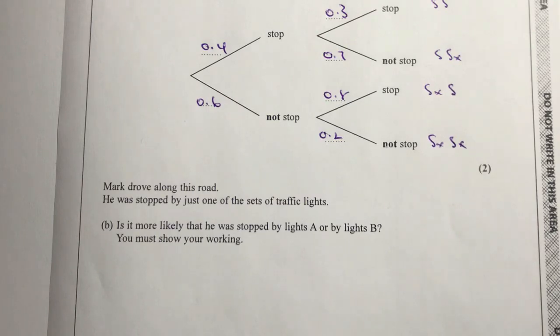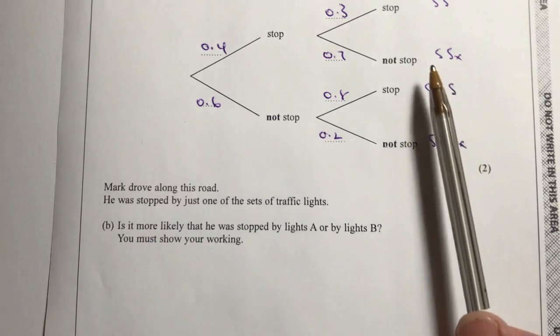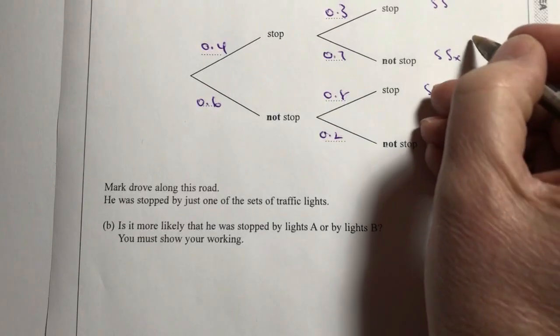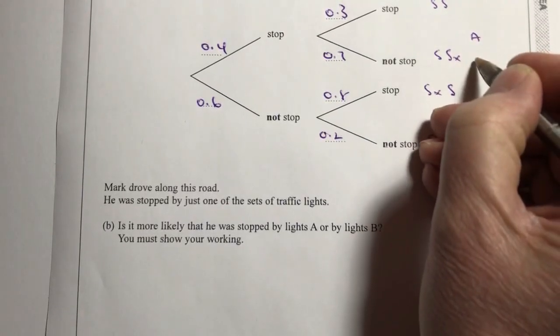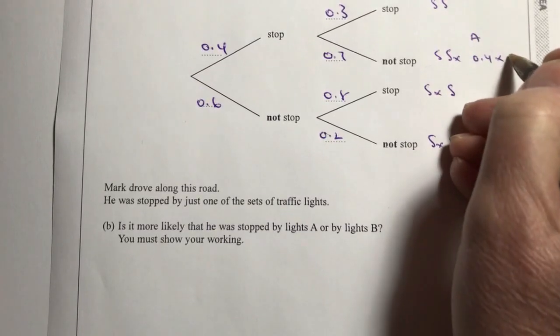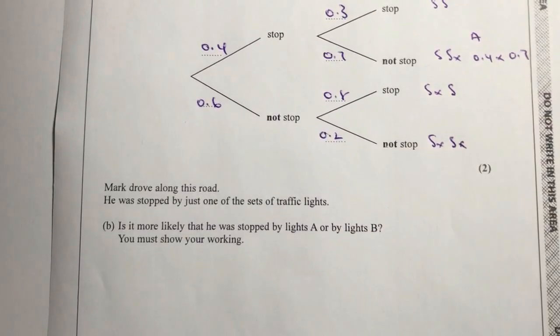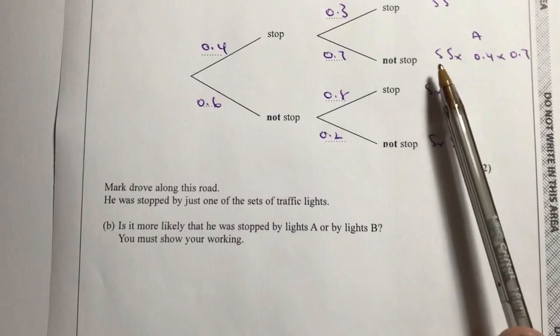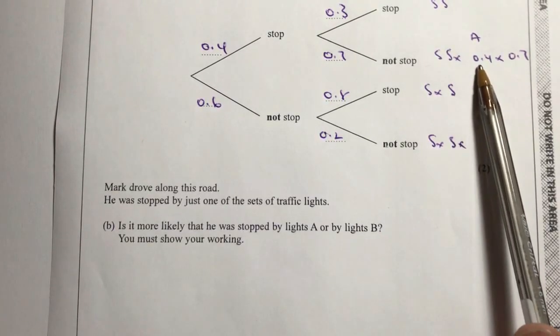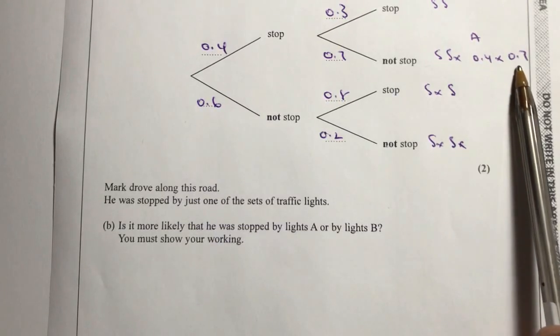Okay, so this one here is where he was stopped at A, and the probability here is 0.4 times 0.7. So he was stopped at A, and not stopped at B. So stopped at A, 0.4, not stopped at B is 0.7.